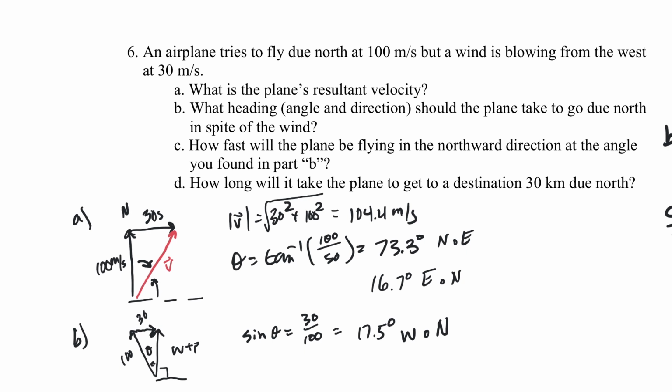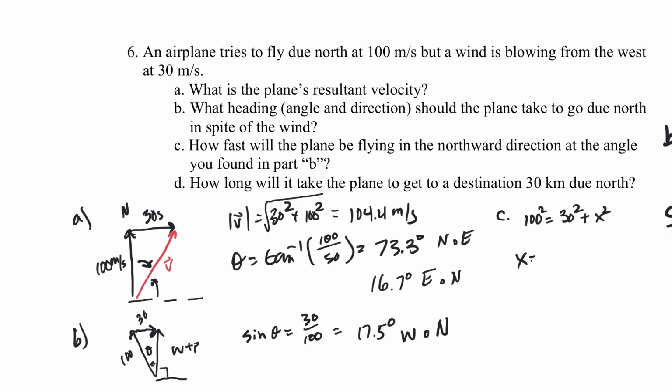So it also asks me for, is it the speed next? How fast would the plane be flying in the northerly direction in the part you found in part B, right? So part C asks for speed or velocity. I guess speed part of velocity. And so we're going to end up going 100 squared equals 30 squared plus x squared.